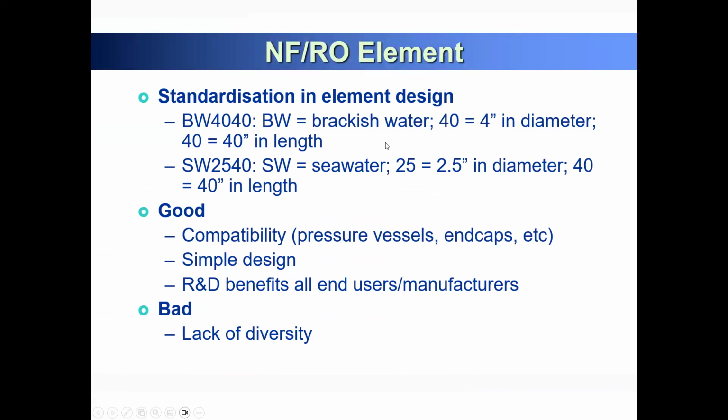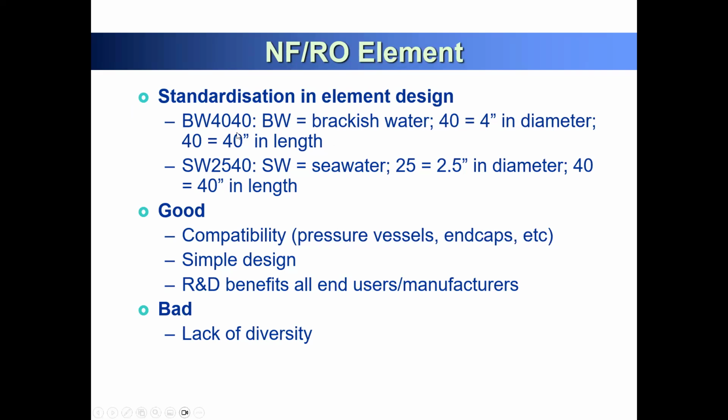And this is the element, so what kind of membrane standard do we have to use? The BW4040, SW2540. So you need to select from the software, the BW4040, 8040. Which one is the best selection of your membrane module, membrane element?